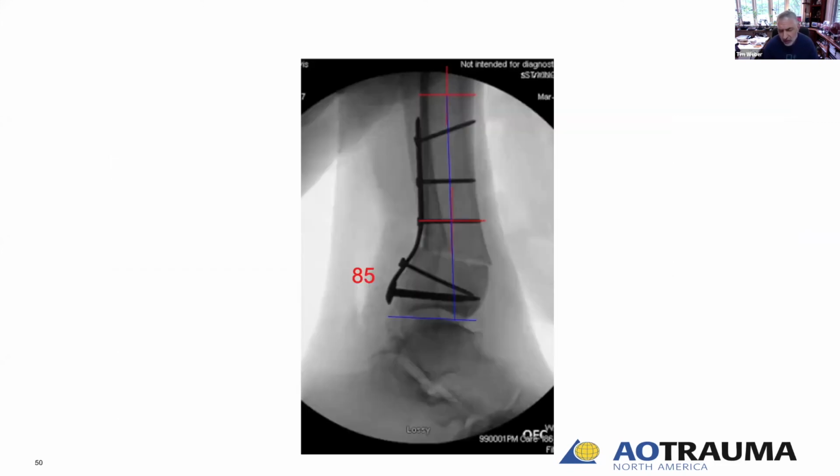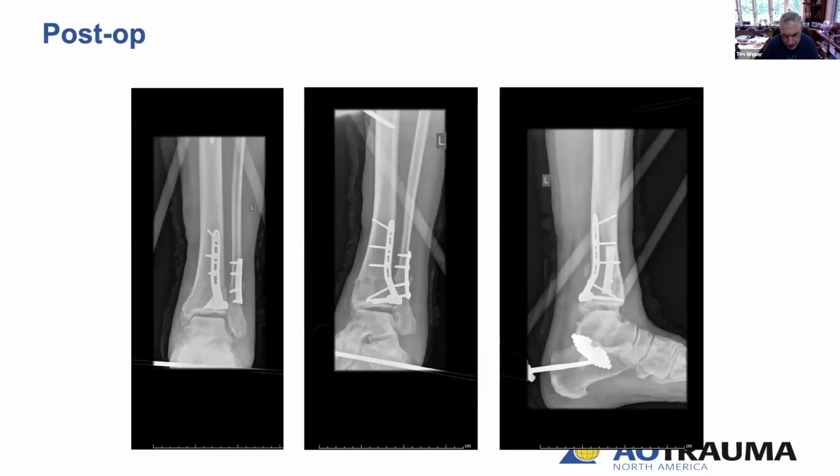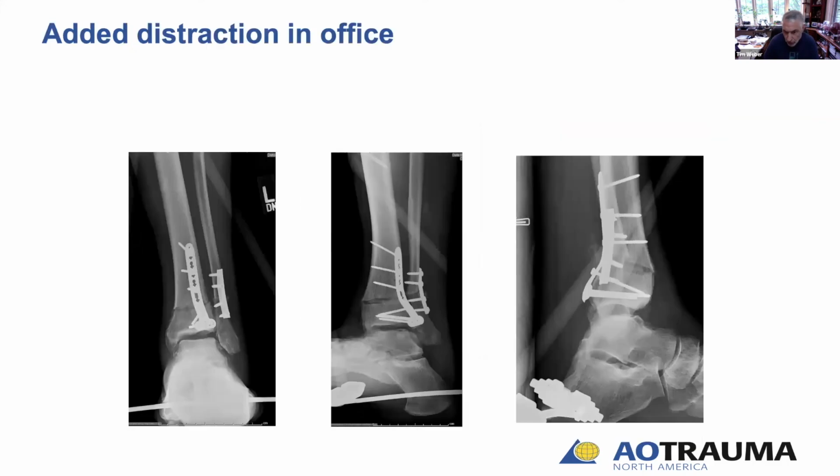I wanted to get just a little bit more than neutral on him in an effort to hopefully keep the talus from escaping out the front of the ankle mortise. I also added an external fixator so that with a tibial pin and a calcaneal pin, our vector would be pushing the talus back into the ankle mortise.